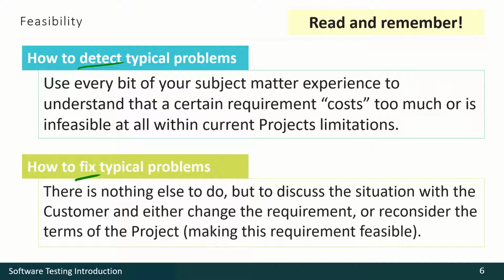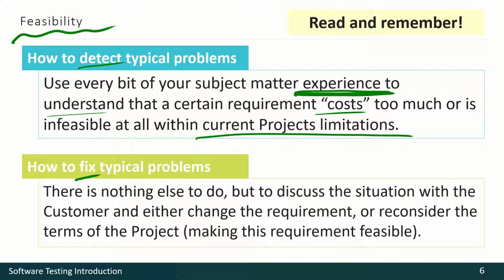How to detect and fix typical problems with the feasibility? Here is the only way: experience, experience, and experience. We should use our experience to understand how much some requirement costs and how useful it is for the project. And to understand, is it within the project limitations?